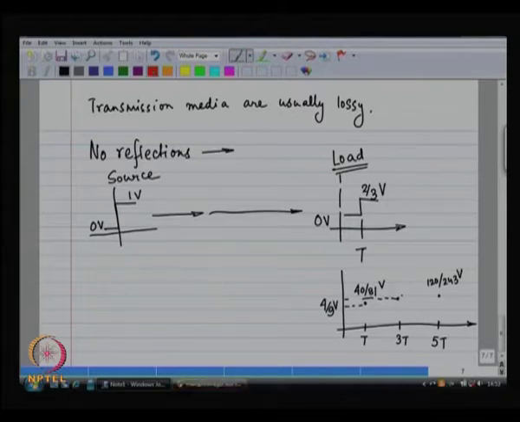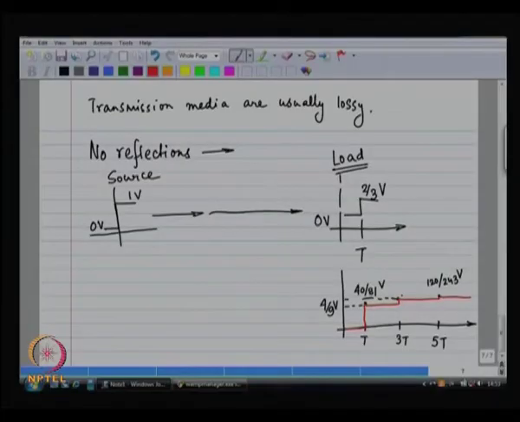So, the waveform that I received looked somewhat like this. So, I transmitted a pulse, I hoped that I would receive a pulse, instead I got an approximation to a pulse, I did not quite get a pulse anymore.